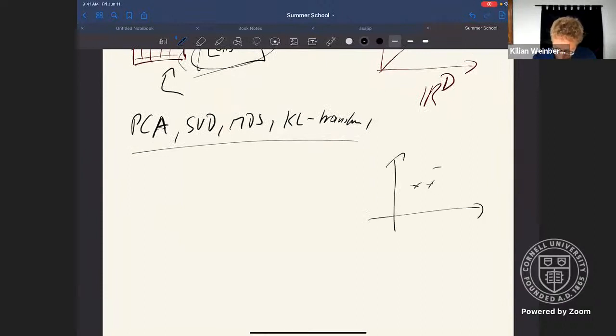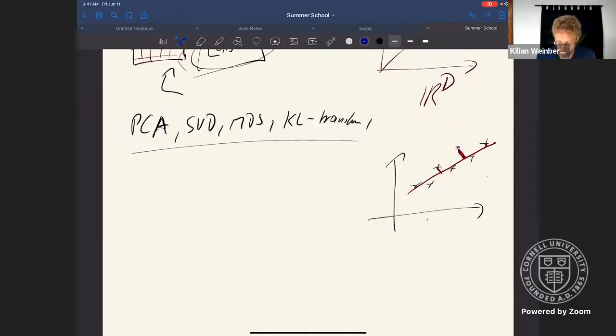Just to show this, it would mean the following. I have some data and I have some direction here. I'm minimizing this error, the projection error, so I'm projecting onto this hyperplane. This is different than least squares, because least squares minimizes this error, if this was y.